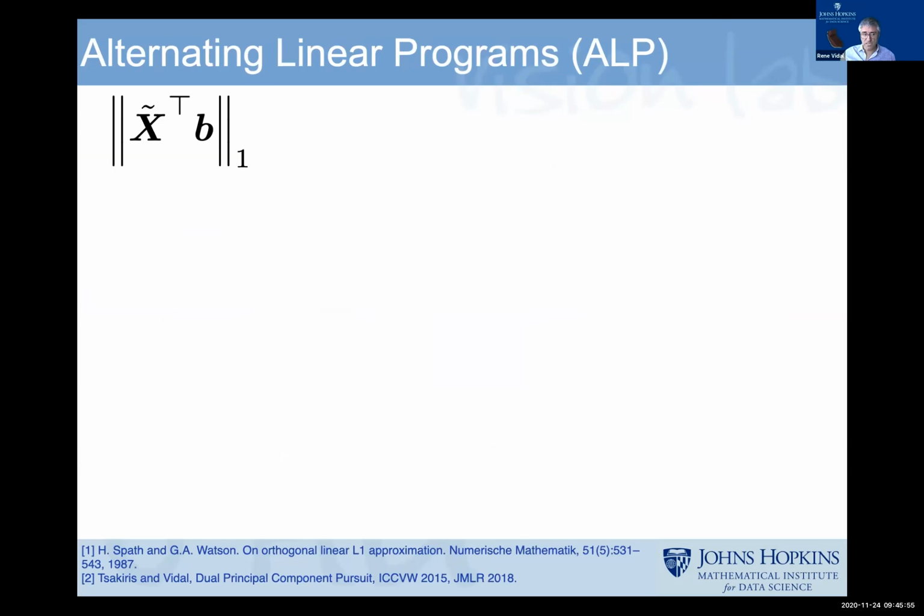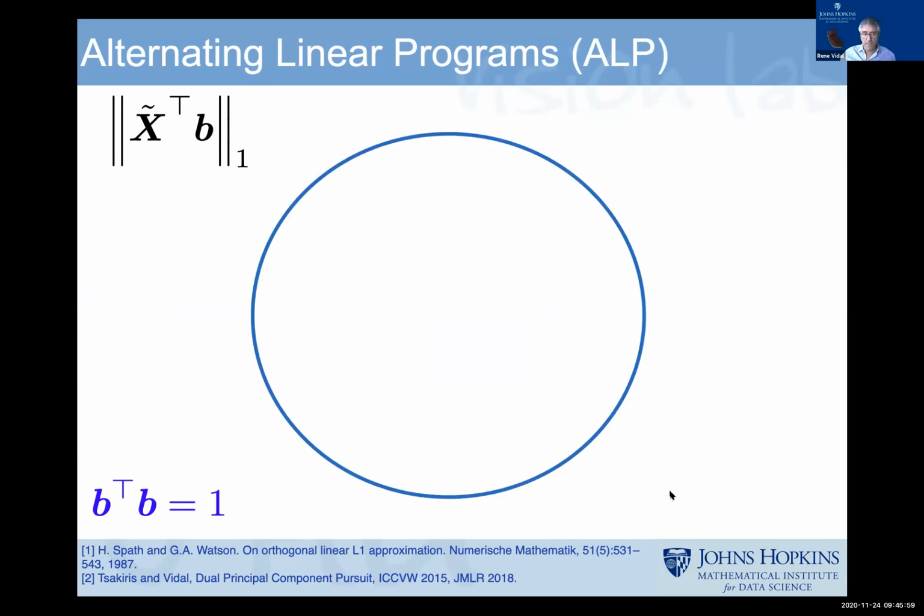So this was the very first algorithm that we tried, where we begin with the objective. The objective is an optimization problem on the sphere, and the non-convexity really comes from the sphere. So all we did was to linearize the constraint. We begin with some initial value for B, in this case denoted by N0. We linearize the constraint. So instead of B transpose B equal to 1, we use B transpose our current estimate of B equal to 1.